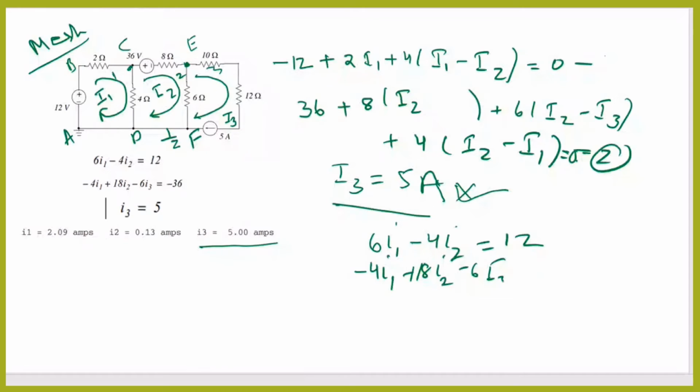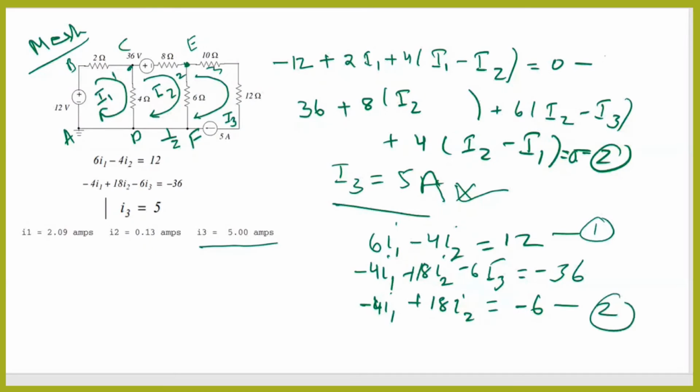We know that I3 is equal to 5 amperes, so substitute here: 6 times 5 is 30, so minus 4I1 plus 18I2 is equal to minus 6. So you got two equations and two unknowns, and try to solve. If I solve these two equations, I will get I1 as 2.909 and I2 as 0.13.